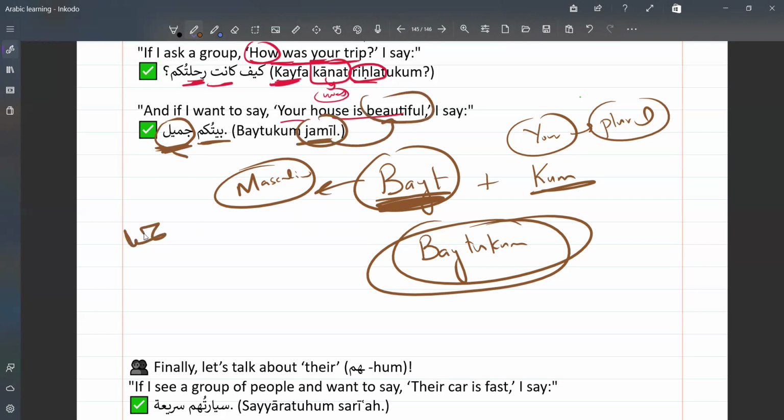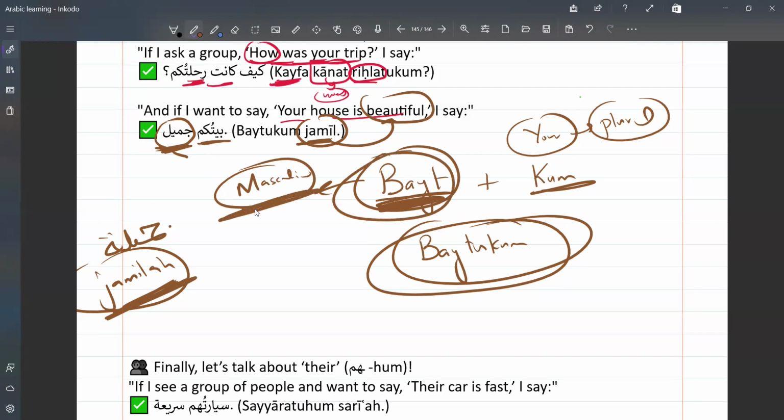And Jamila also means beautiful in Arabic, but Jamila is said when the subject is feminine, and Jamil is said when the subject, which in this case is house, is masculine. So remember this. That is the difference between masculine and feminine subjects, right?